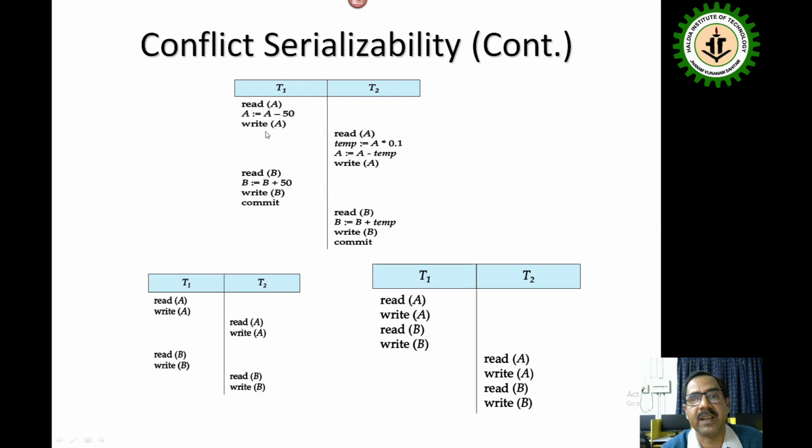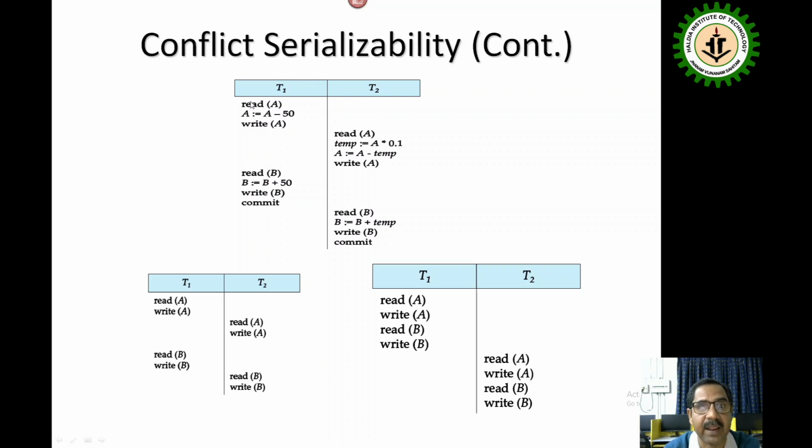T1, T2: read A, write A, read A, write A. These are the computational steps. Read B, write B, this is a computational step. T2: read B, write B, computational. Now, we only consider read-write operations, ignoring the computational steps.